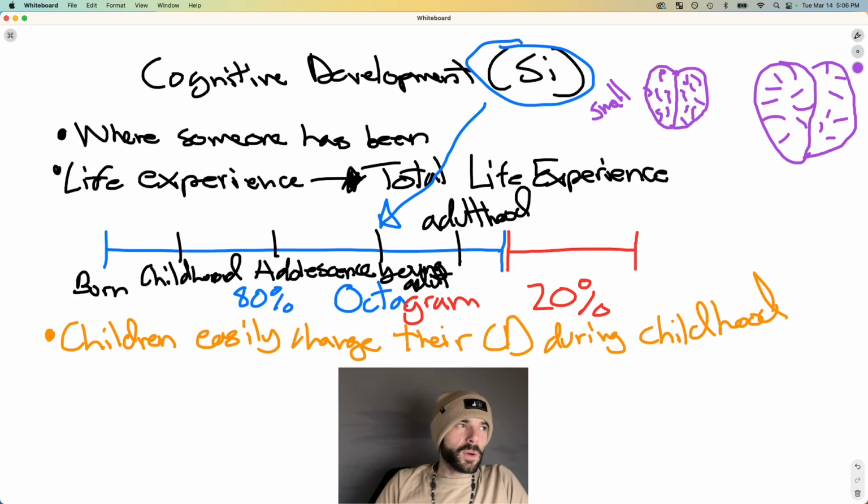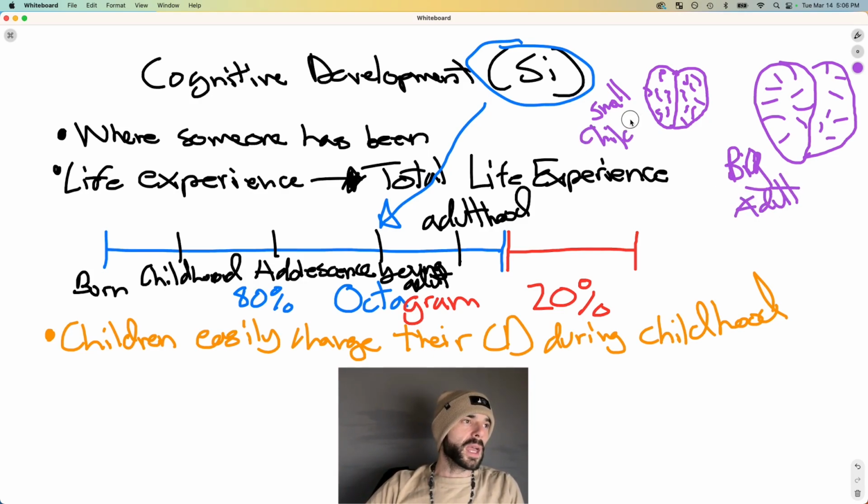Hitting fast forward, this is a small brain, and then we have a big brain, so it's an adult brain. So this is adult, right? And then this is a child. From the child's brain perspective, the child's brain is a lot smaller, right? So its perceptive and judgment capabilities are a lot less, which means it has a smaller total life experience.